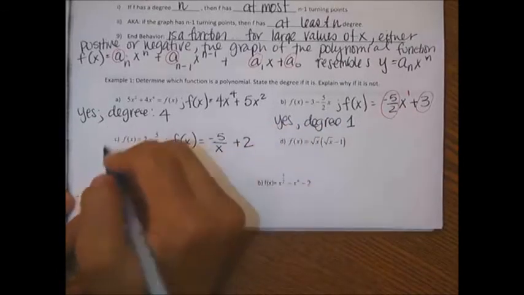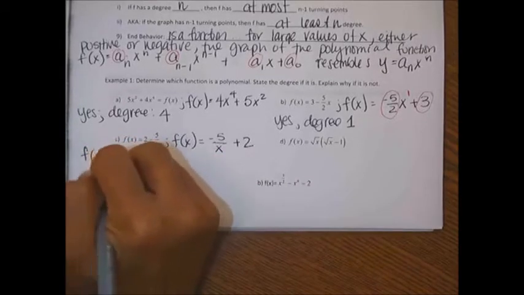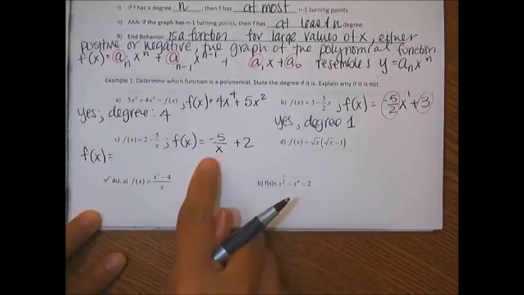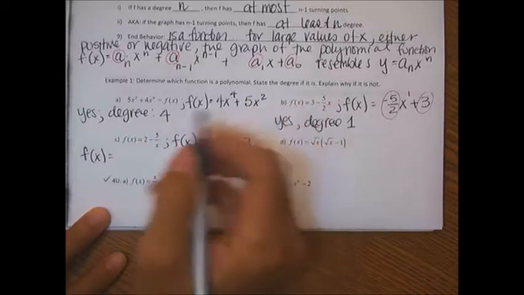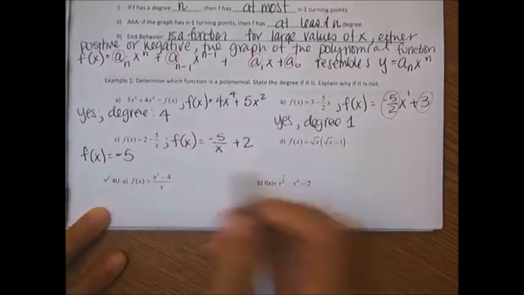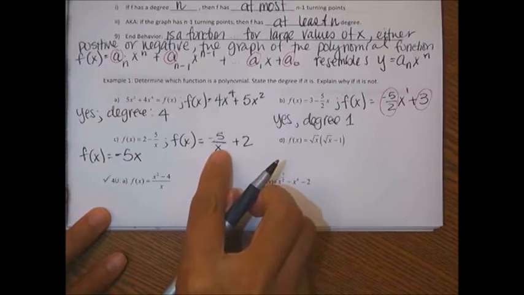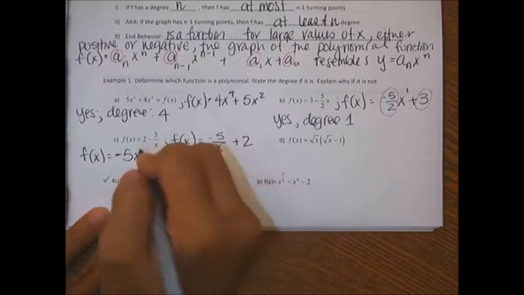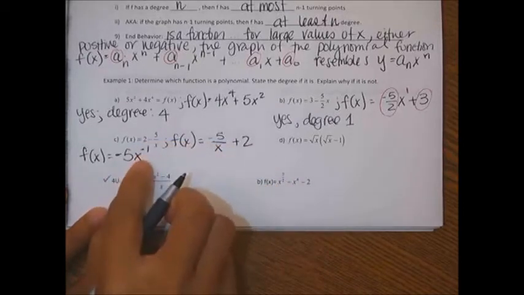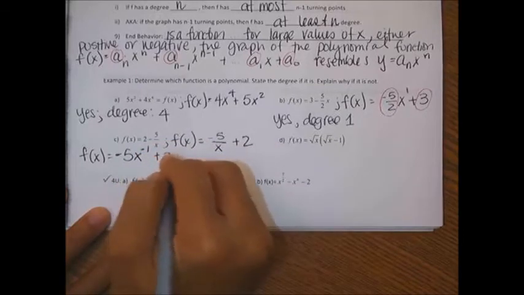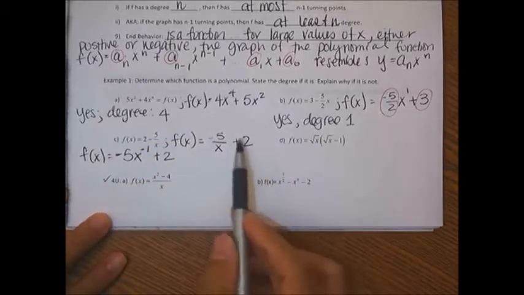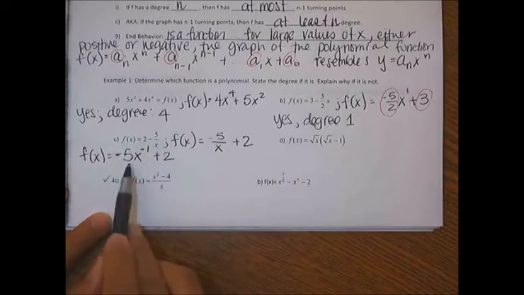So you're going to rewrite it again. F of x equals, if I want to make x on the side, I would have to bring it up, like that. Currently, it has a positive 1 degree on the bottom. To bring it up, you make it a degree of negative 1, and then bring the 2 over. So currently, this has 0 degree. It has a degree of negative 1.